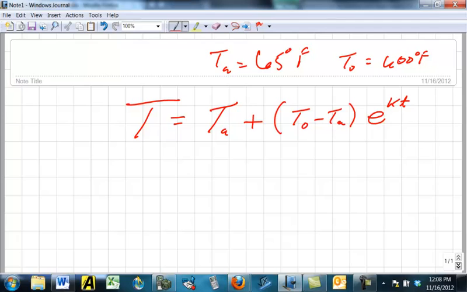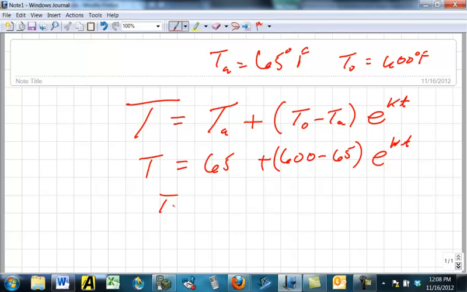Now let's see, what do we know? We know this is 600 minus 65. That's my initial difference in temperature, the coefficient there. And this is the ambient temperature, 65. So that initial difference is 535 degrees. So that's our equation, but we still don't know k.